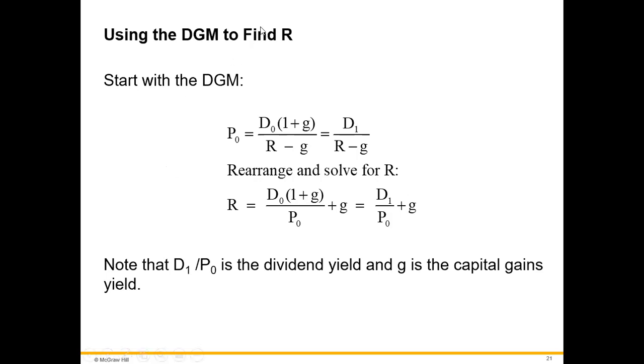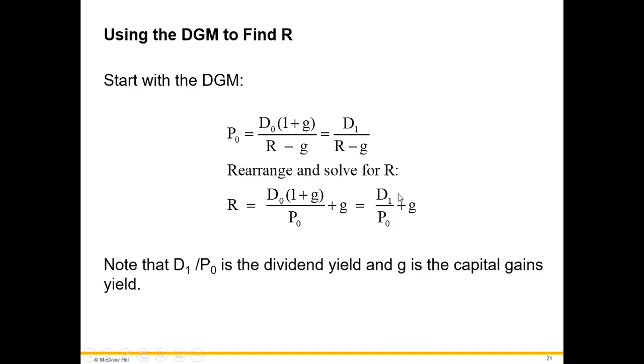Here's how we can use our dividend growth model to determine the discount rate or market rate of return. Remember, the price of the stock at time zero is the dividend that was just paid times 1 plus the growth rate, divided by the discount or market rate of return minus growth. So D1, the next dividend, divided by the required rate of return minus growth. We can rearrange this, do some algebra, and what do we come up with?